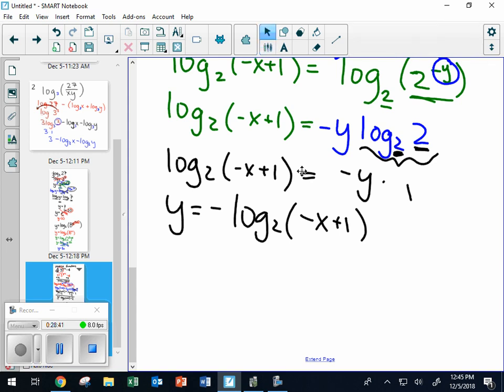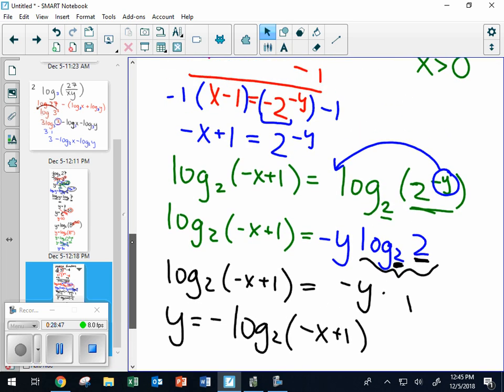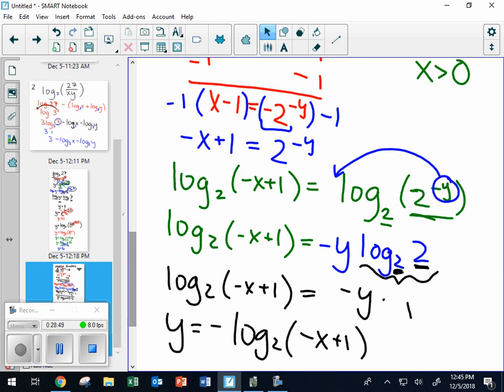Wait, why is it still negative x, to be divided by negative 1? So originally it was just a positive x minus 1 up here. So our question was, why is it a negative x? And if we have an x minus 1, earlier up here we multiplied both sides by negative 1 and got negative x plus 1.